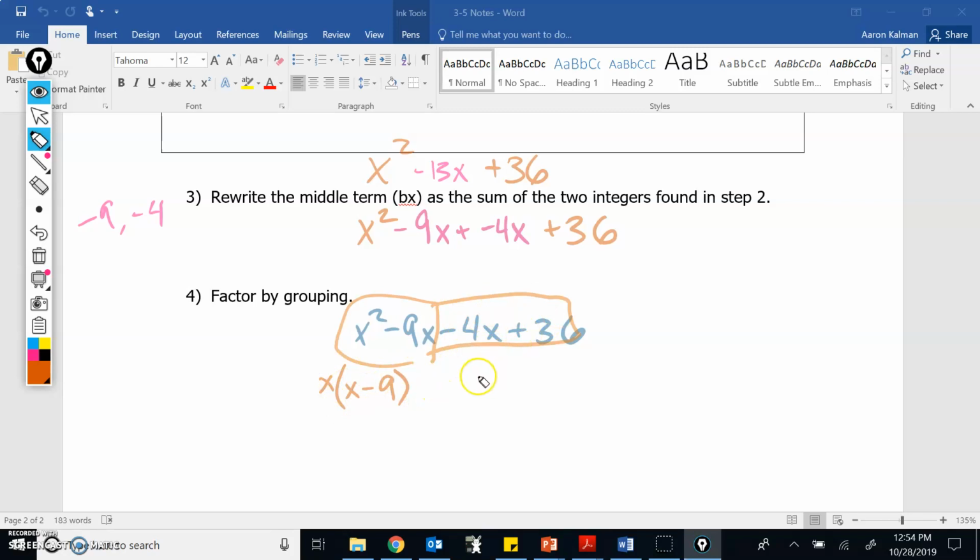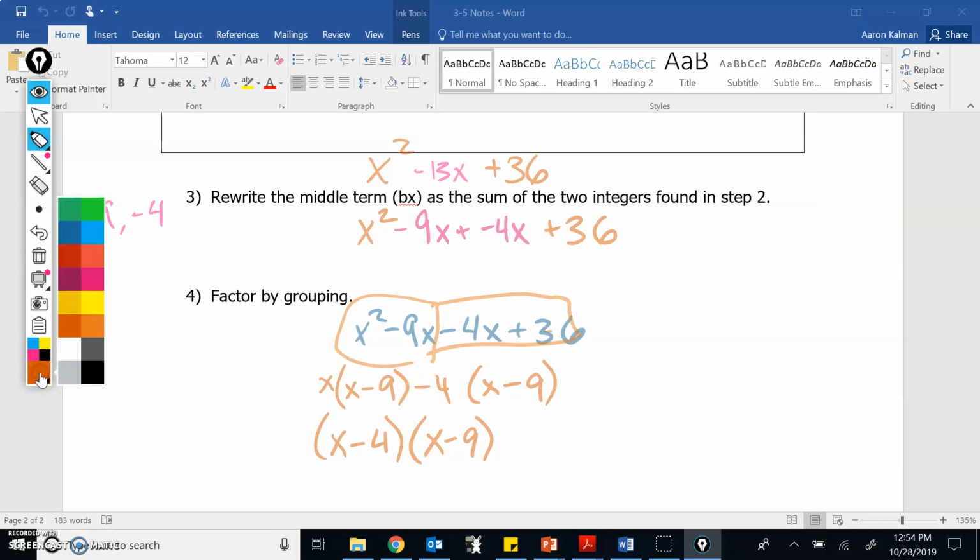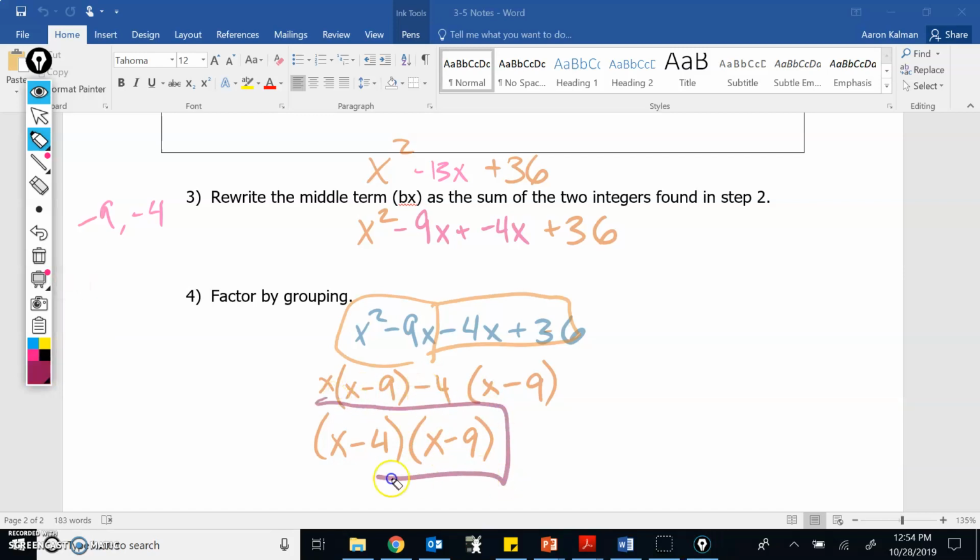The GCF over here, in order to end up with an x minus 9, needs to be a negative 4. Dividing both by negative 4, we get that binomial there. And then we write the final answer as a combination of the two GCFs, x and then a negative 4, and then we write x minus 9 once out of those two factors. And there you go, your final answer.